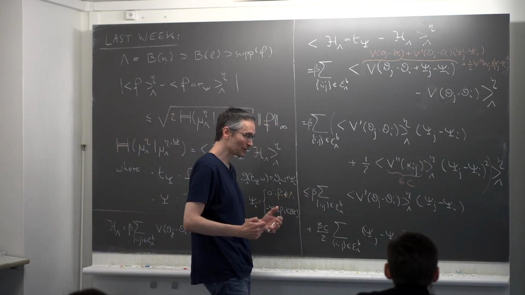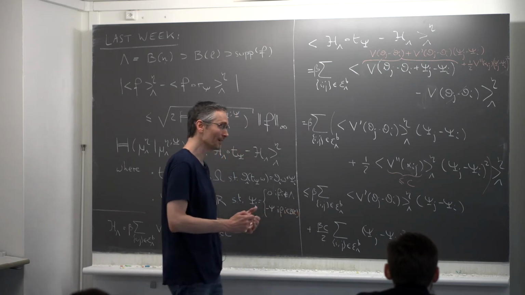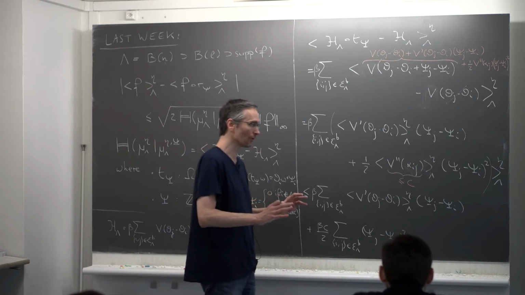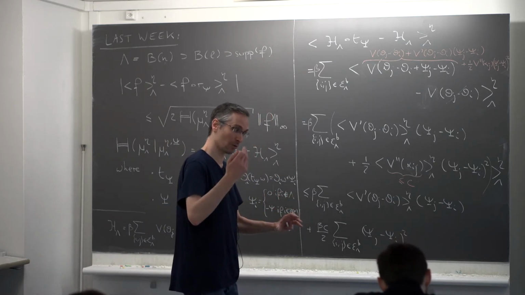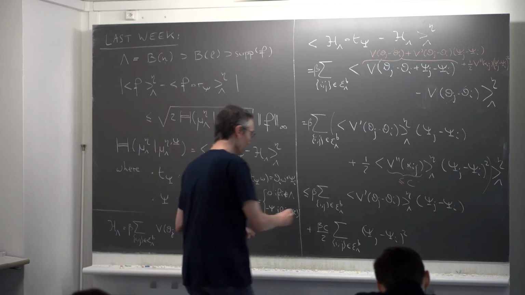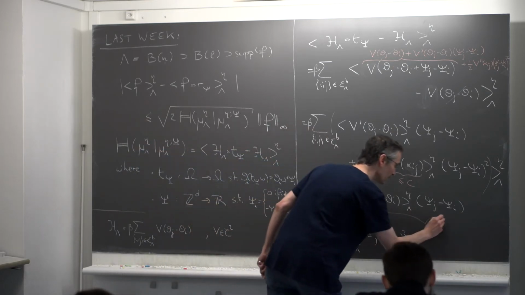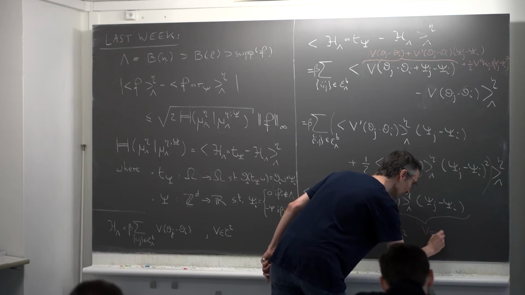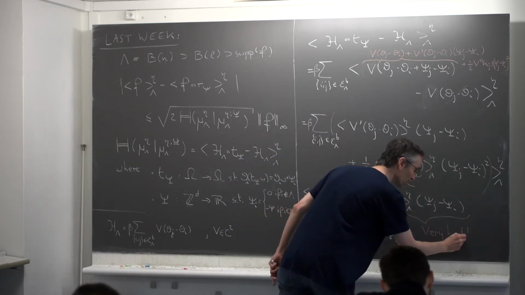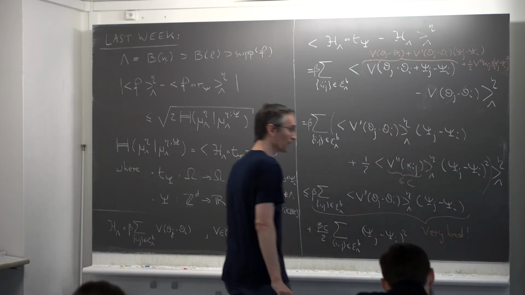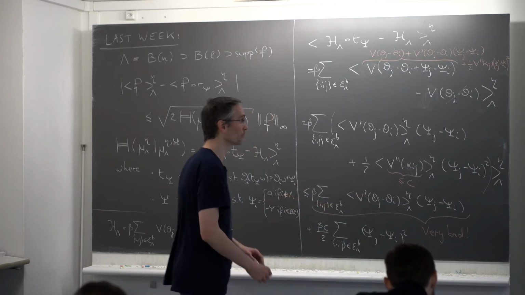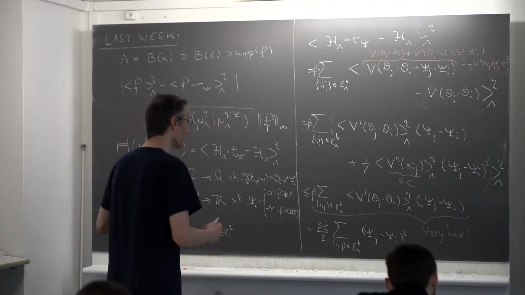Because if you go back to the heuristic argument we made and assume that the first order term is non-zero, the constant is non-zero, then you can check that the rest of the argument just fails completely. So the first order term is very bad. This guy is terrible. With this guy here, we cannot conclude what we want. So we have to find a way of getting rid of it. We cannot get rid of it by symmetry here, it will not work. But we have to find some other way.